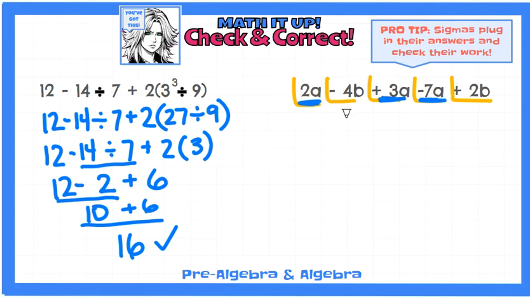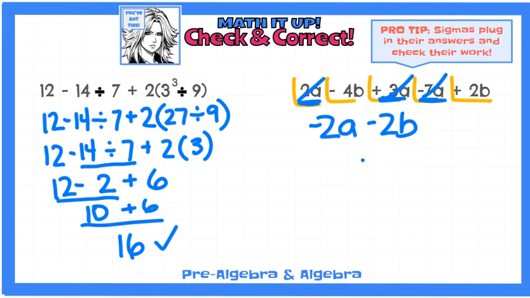I have 2, 5, and negative 7 A's, so that gives me negative 2 A's. I'm going to strike those out because I've used them. I have negative 4B here and a positive 2B, which is a negative 2B. So my final answer here is negative 2A minus 2B. Simple as that.